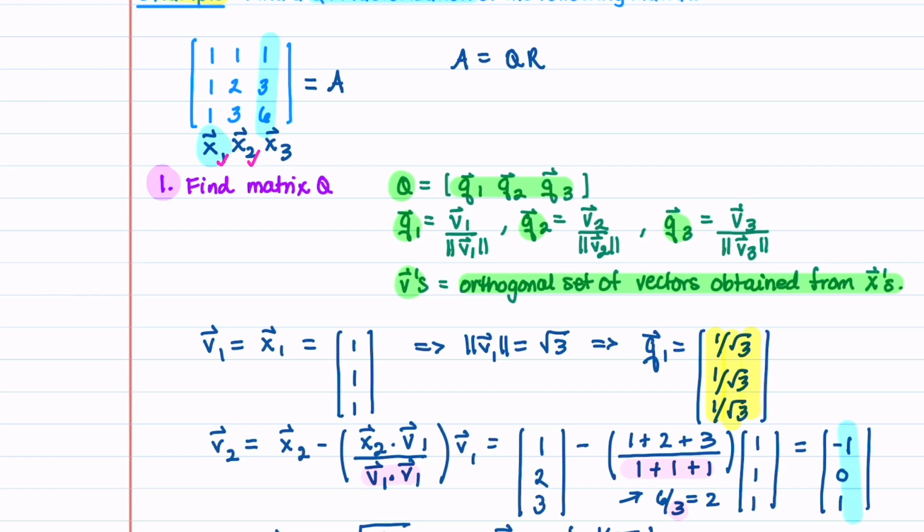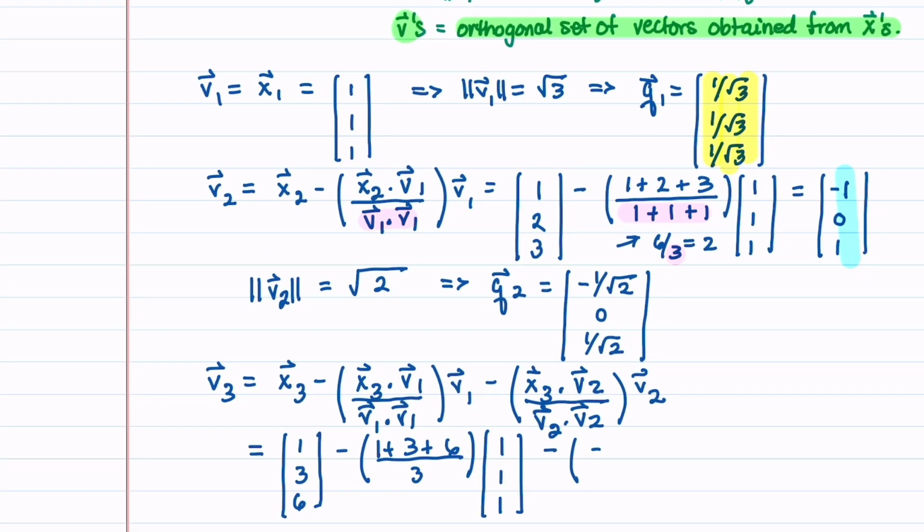So we're going to get a -1 plus 6. And then in the denominator, we have v2 dotted with v2. That one's over here. So that's just going to be 1 plus 1. And this gets multiplied by our vector v2, minus 1, 0, 1.